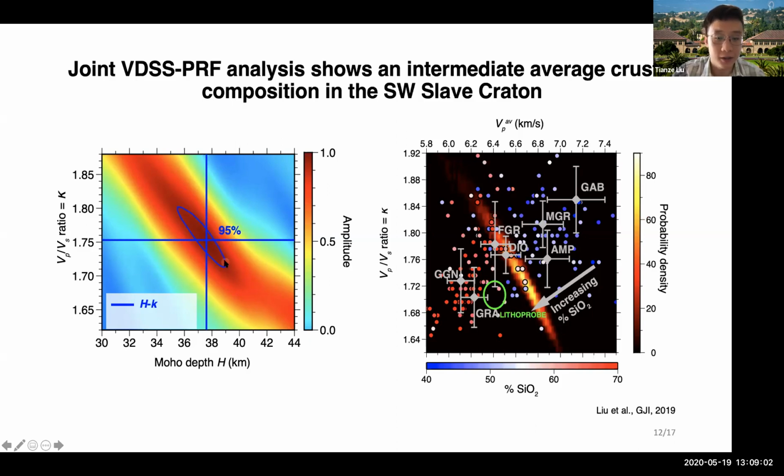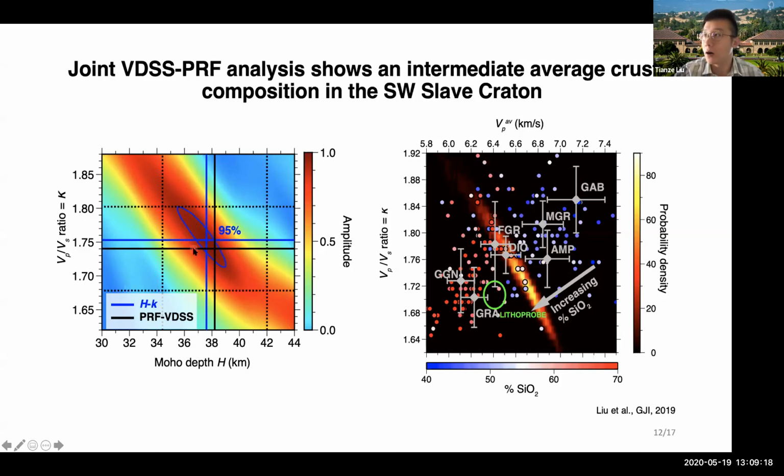We applied this method to the receiver functions recorded at station EDZN and got very similar results to what we got from our joint analysis. And when we compare those two results, we can see that they agree very well within the uncertainty range of each other. And this further proves that our results are superior to the ones offered by the active source experiments, because our results are consistent across different passive seismic methods.